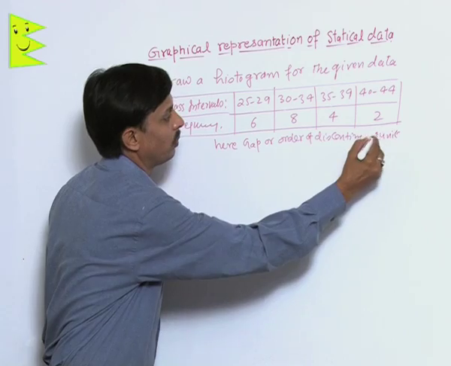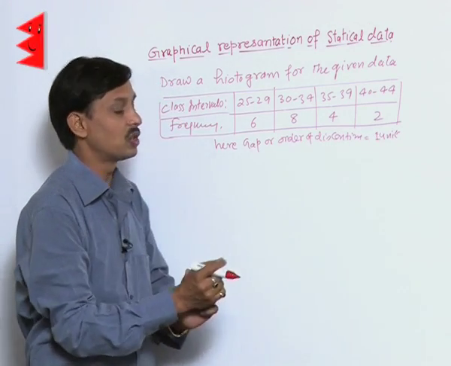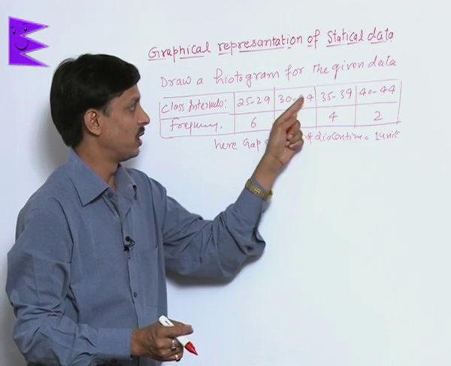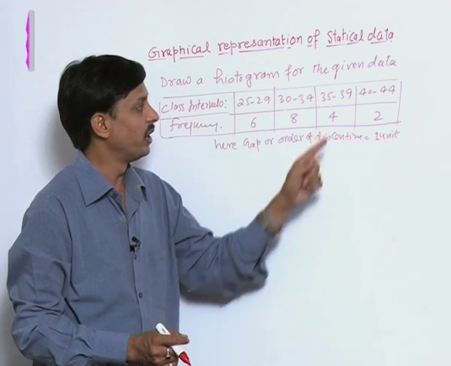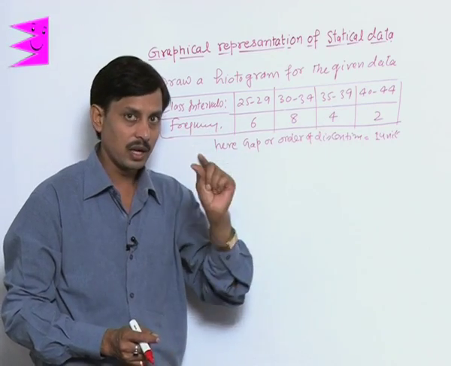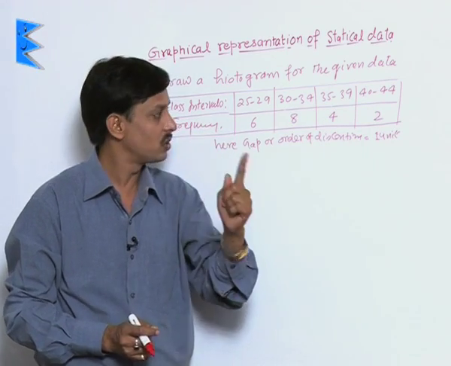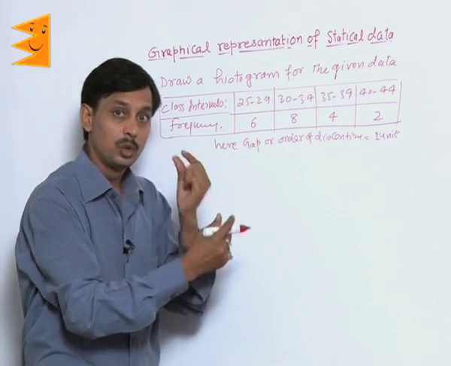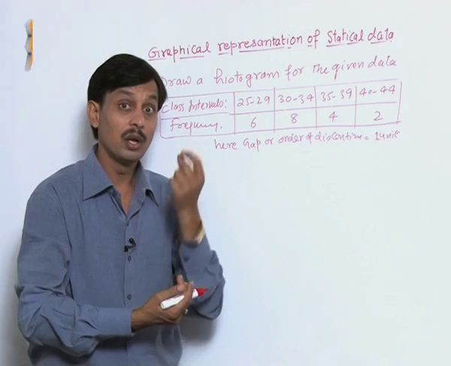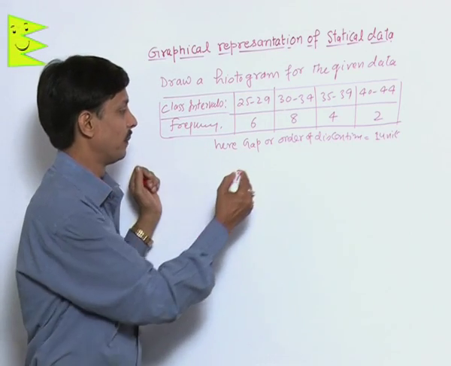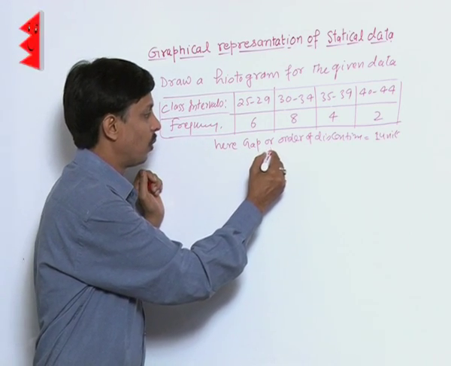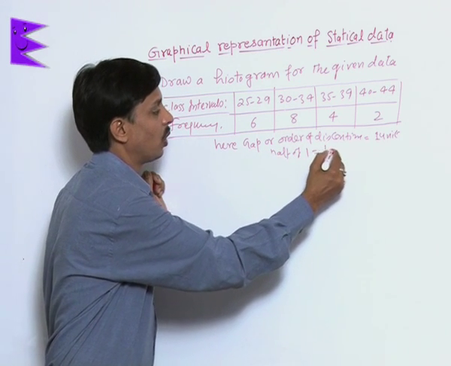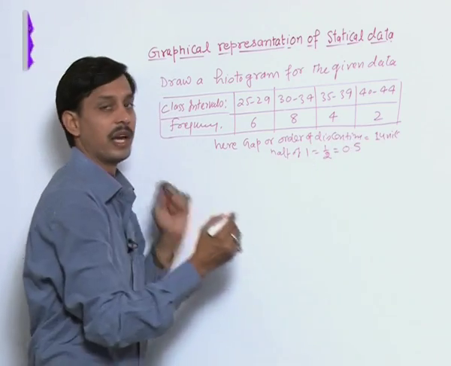It is 1 step everywhere: 29 to 30, 1 unit. 34 to 35, 1 unit. 39 to 40, the order of discontinuity is 1 unit. Then we take half of that step. Half of 1 is 1 by 2, or you can say 0.5.